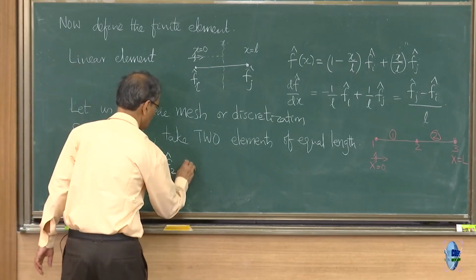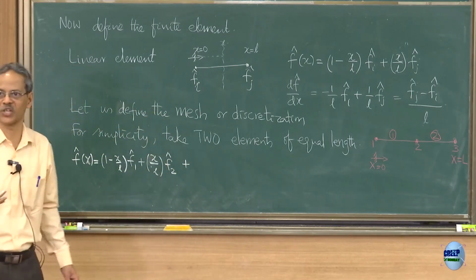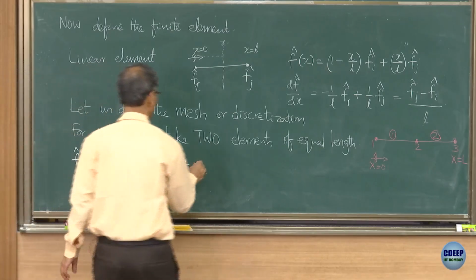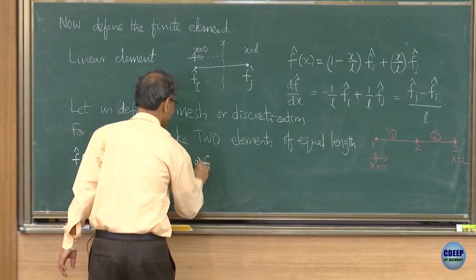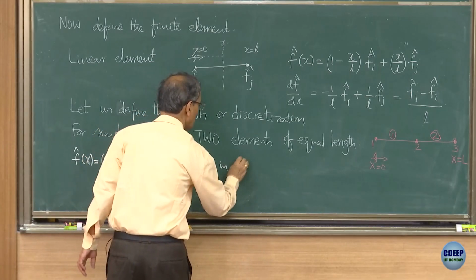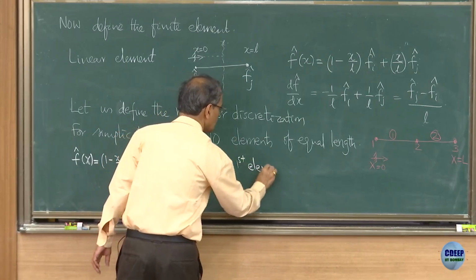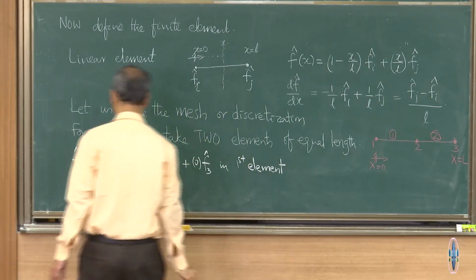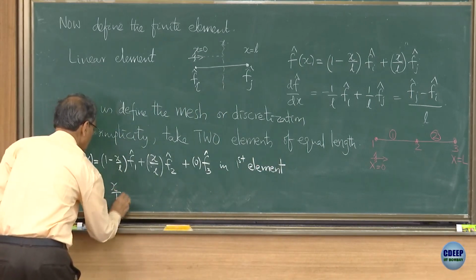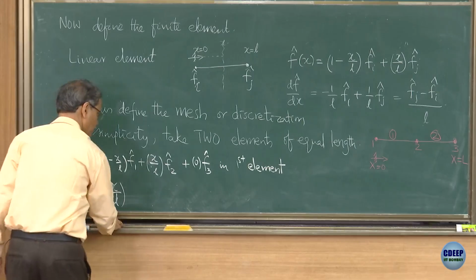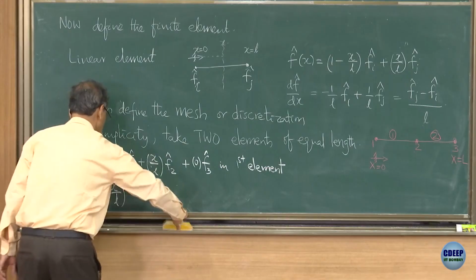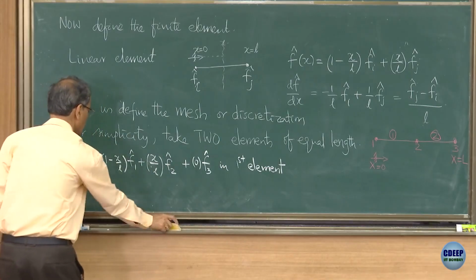If, because you are doing it for the first time, to feel comfortable, you can write plus 0 into f3 hat in the first element. In the second element, this would be the counterpart.